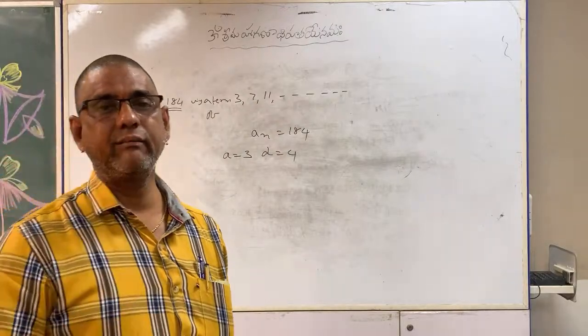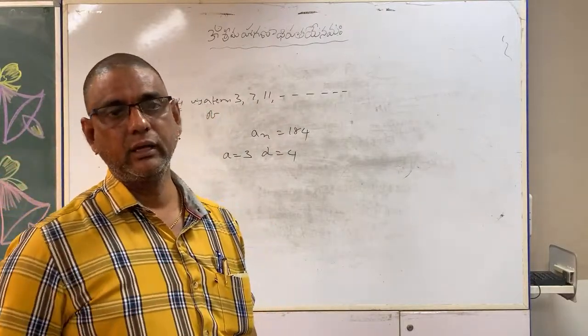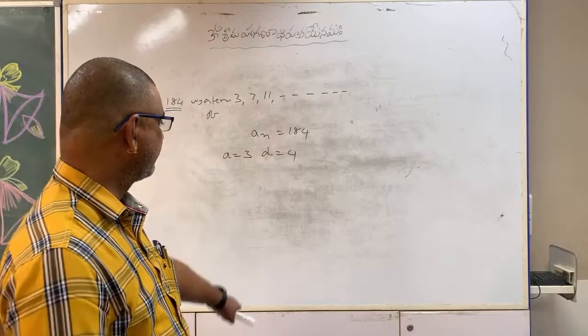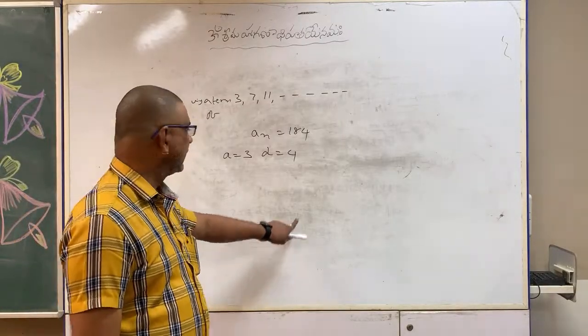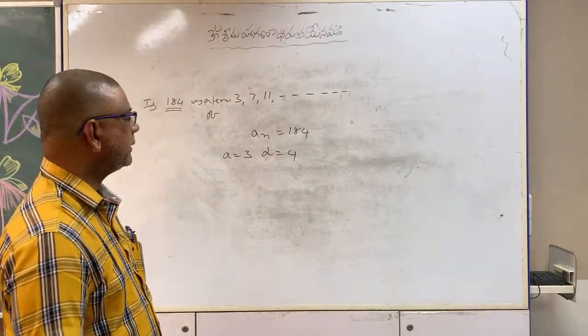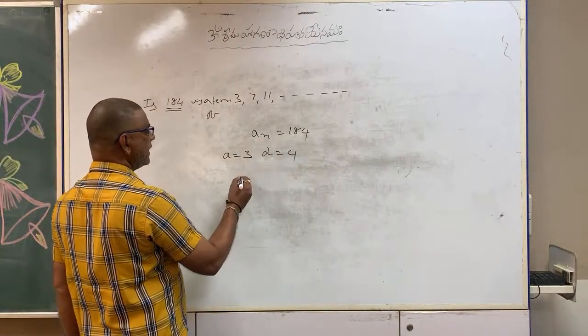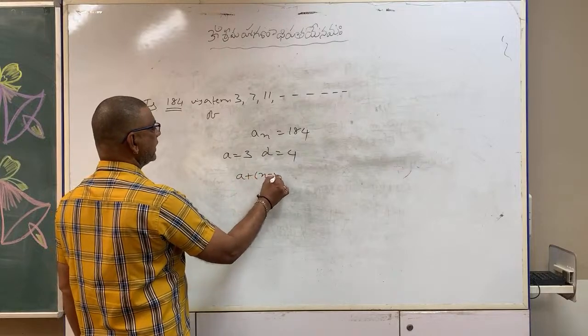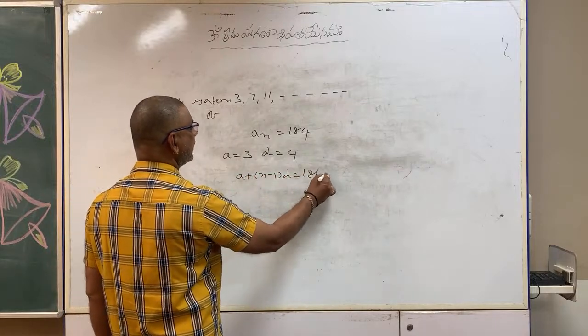Natural number means it starts from 1 and there is no ending for that. So if n is a natural number, then 184 is a term of this AP. Otherwise, it is not. Now, AN is A plus n minus 1 into D, which is equal to 184.